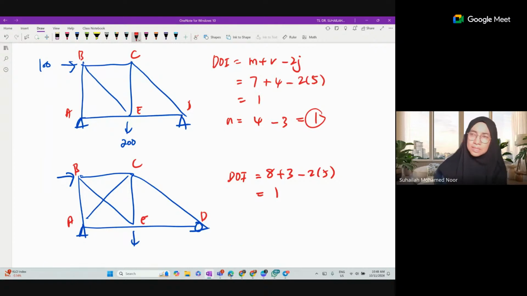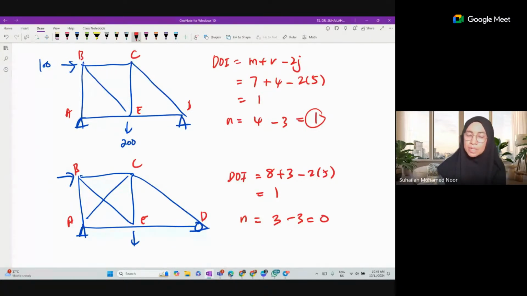But this time, please check whether it is external or internal indeterminacy, by finding the difference between unknown reactions. We have 3 unknown reactions, so the difference is 0. That means we cannot remove a redundant from the support, because there will be no stable truss with 2 rollers. A stable and determinate truss must at least have 1 pin, 1 roller.